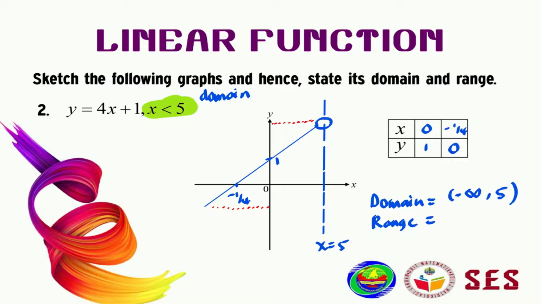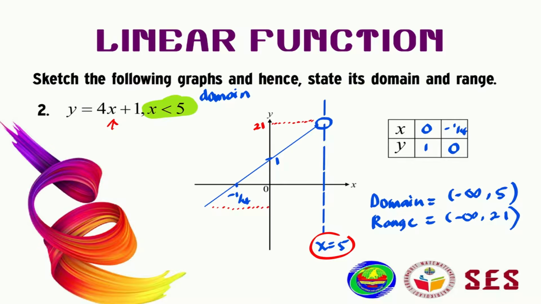We substitute x equals 5 into the original equation, and we obtain 21 as the highest value of y that the graph can reach. So our range is from negative infinity up to 21, open bracket.